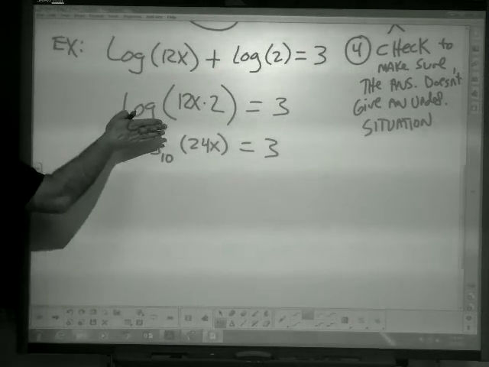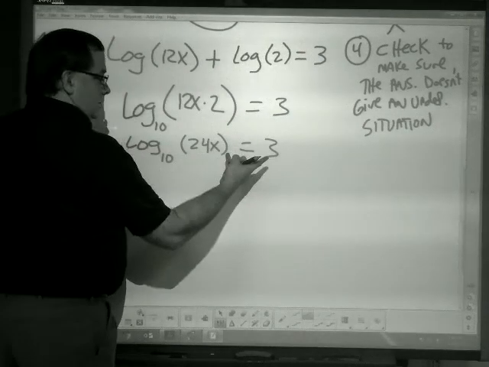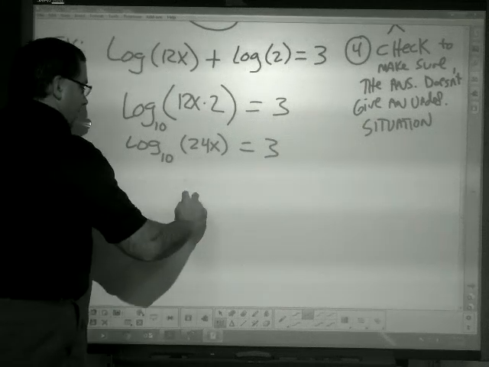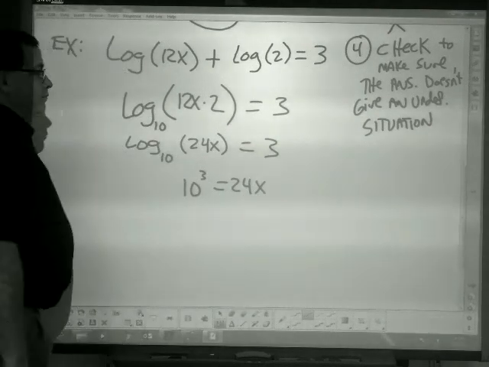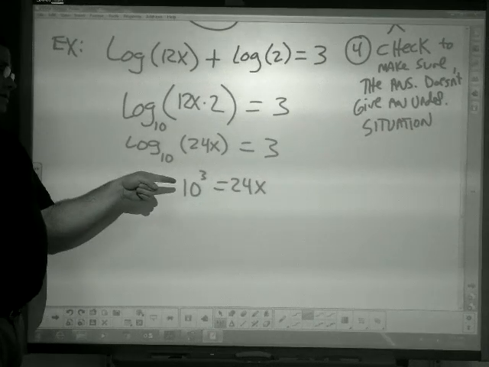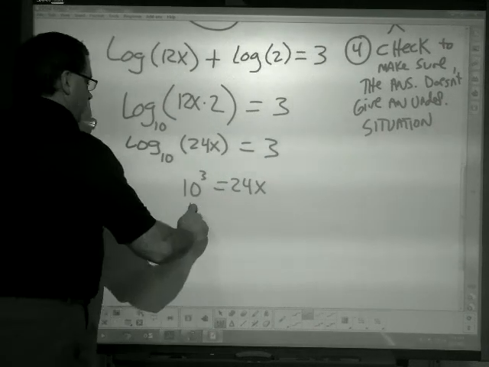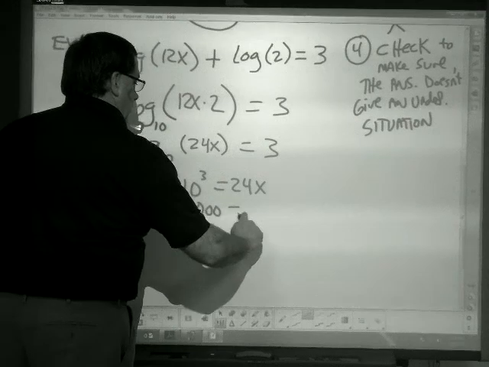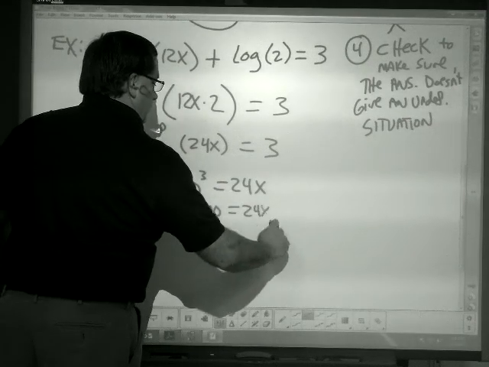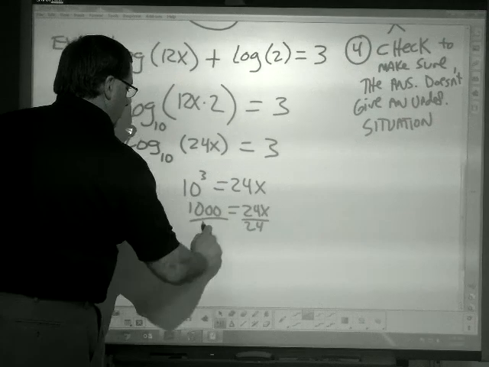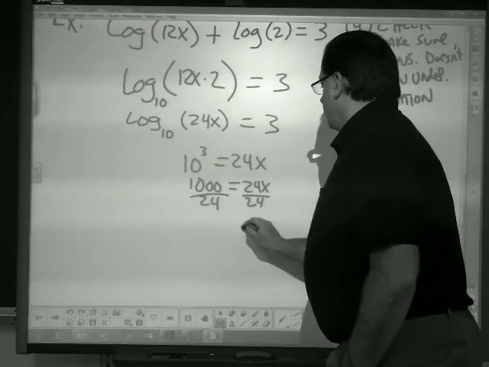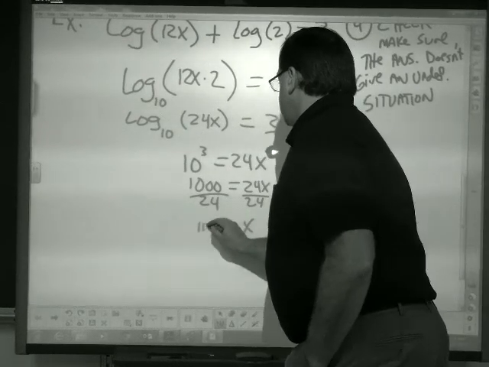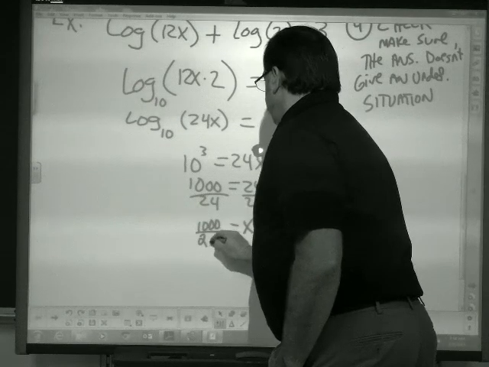Step 2, get rid of the word log and trade these two things. So 10 to the 3rd power is 24x. Step 3, solve for x. So 10 to the 3rd, that's 1,000. So x is going to be 1,000 divided by 24.